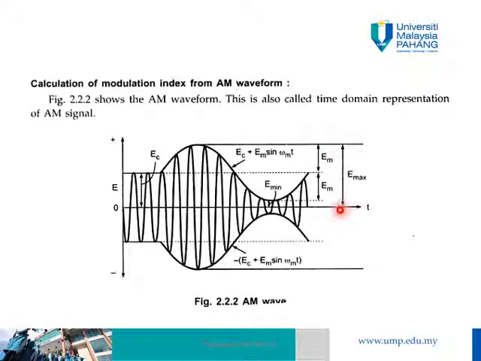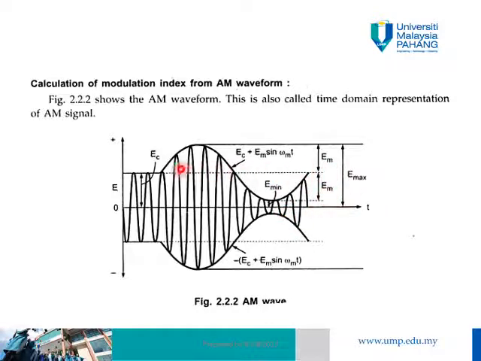We have Emax. Emax is the maximum amplitude of the envelope, from 0 to the maximum amplitude of this envelope. And we have Emin here. Emin is the difference between EC and EM.